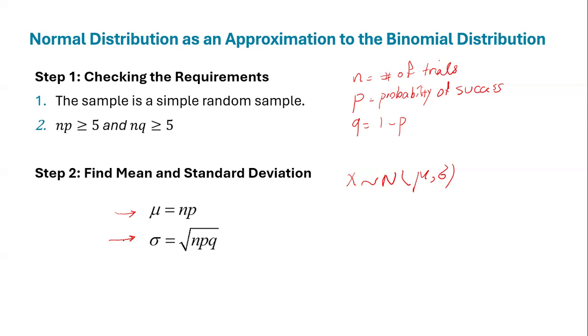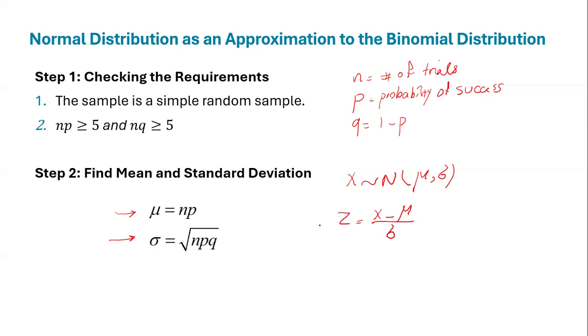After finding the mean and the standard deviation, everything is ready, because we can convert x to z by using the formula that we had. Then when we have the z, we can look at the z table, find the area under the curve, and we are done. But area under the curve means we have to have intervals.